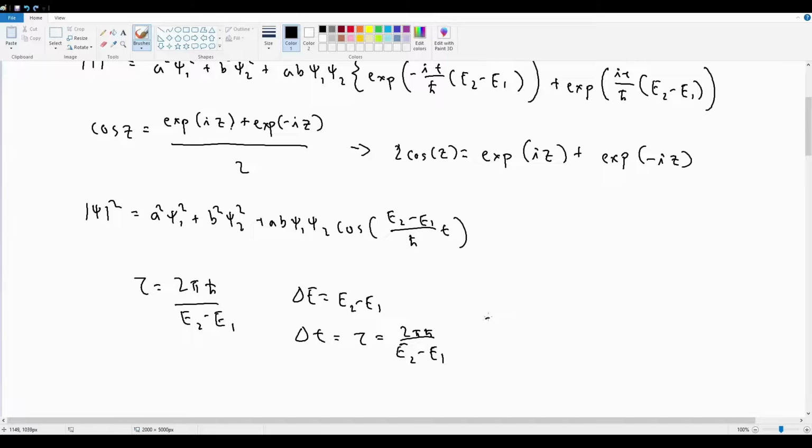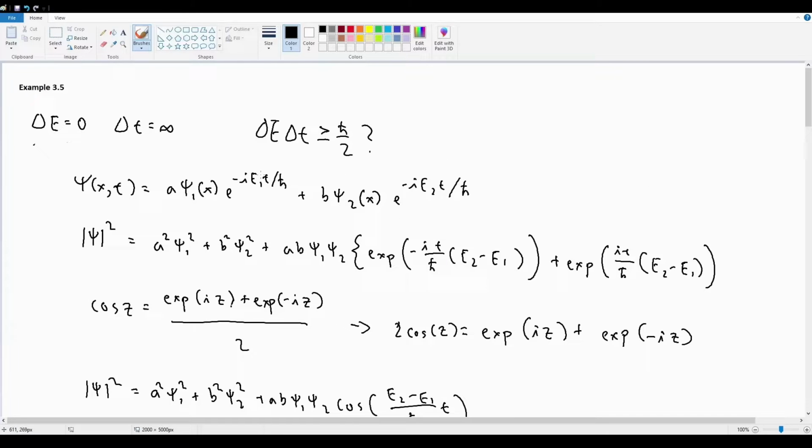But until then, this implies that delta E multiplied by delta T is going to equal E2 minus E1 multiplied by 2 pi h bar divided by E2 minus E1, in which case this is just equal to 2 pi h bar, which is indeed greater than or equal to h bar over 2.